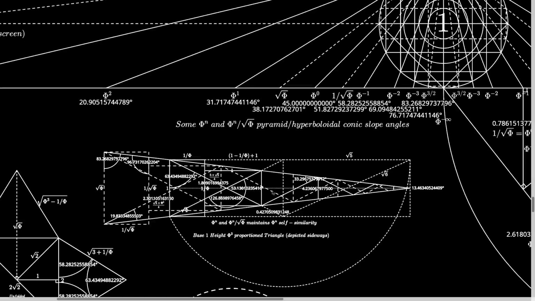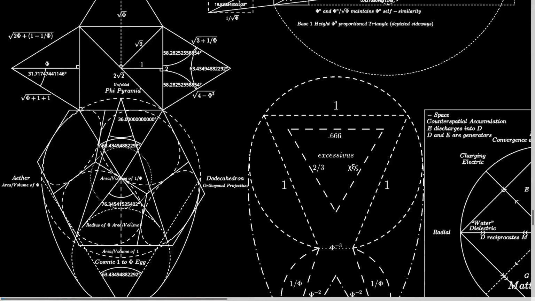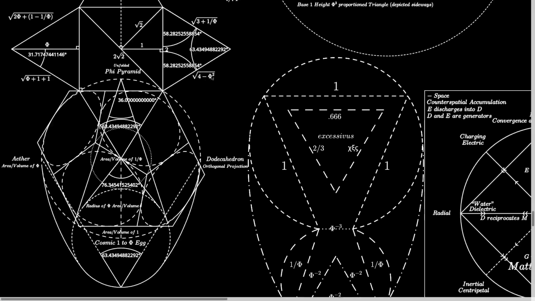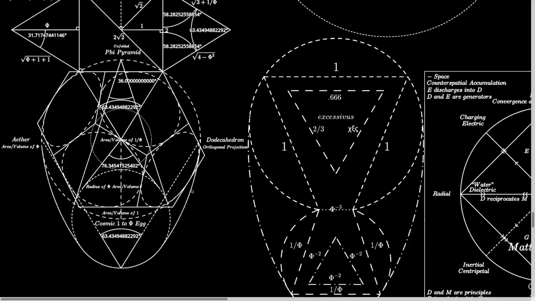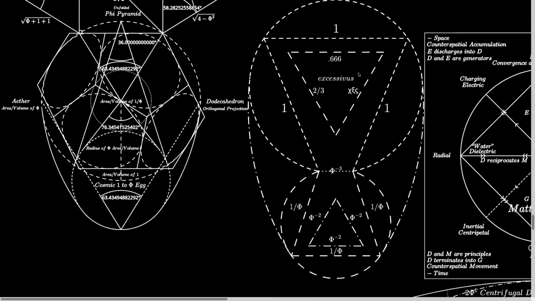I got some of it wrong in the second edition, but anyways, here's the unfolded phi pyramid juxtaposed upon the sphere and the dodecahedron in this proportionality. And this is based off of Ken Wheeler's Aurea Sapientia, except he got the proportionality wrong, so I made it right.